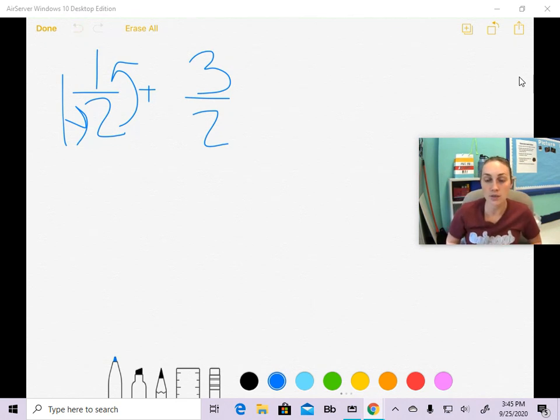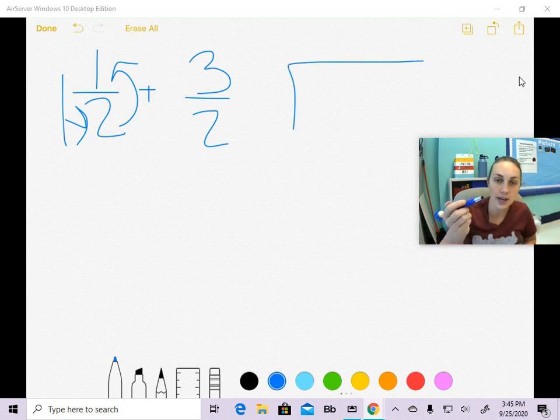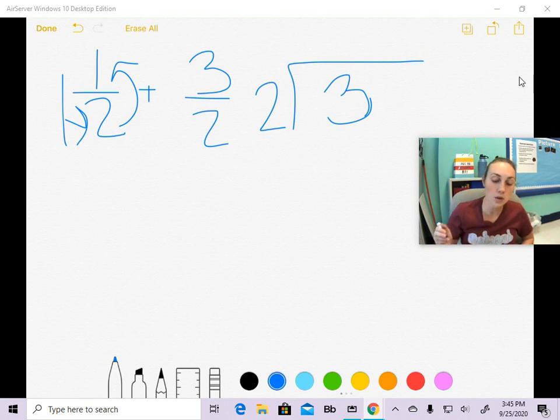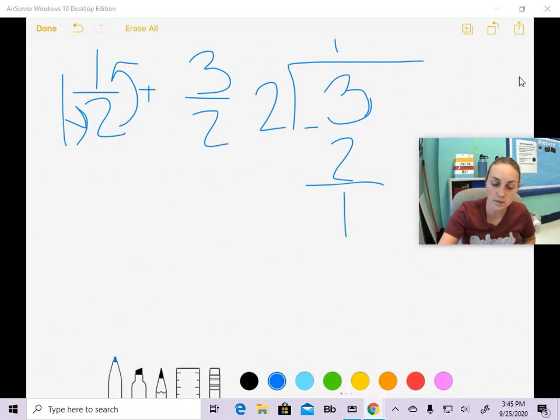Now we need to turn the fraction into a decimal. To do that, we have to do long division. 3 is getting divided by 2, so 3 is going to be in the doghouse. The numerator is always in the doghouse, and 2 is going to be knocking on his door. So 2 goes into 3 1 time. 1 times 2 is 2. If we subtract 3 by 2, we get 1.